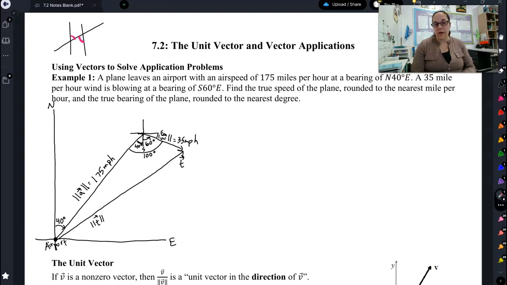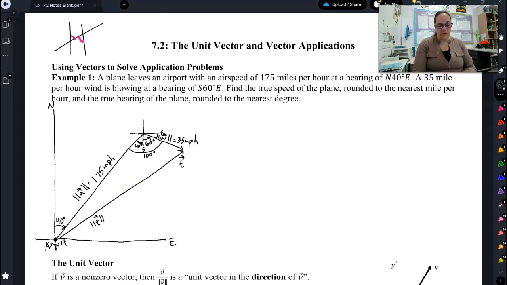Now, here's why I really like this problem. I have a side, and an angle between them. This is side, angle, side. I can use the law of cosines to solve for this side.